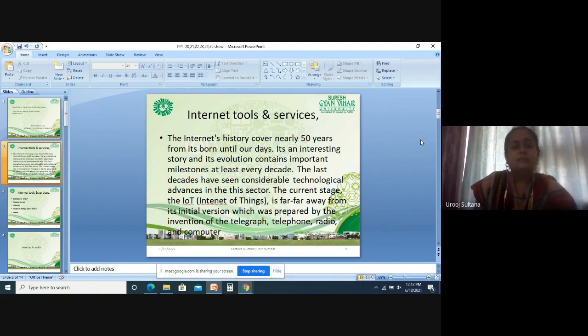So the initial goal was clear: a connection was required between machines, which forms a communication network that could exist even if part of it was incapacitated. Actually, the story began in 1966 at DARPA.